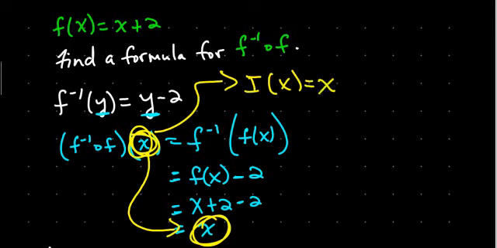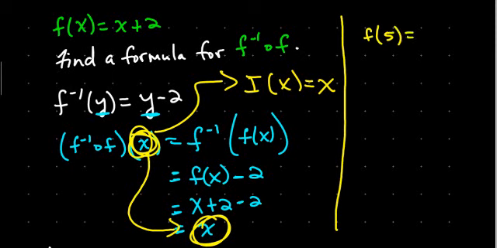Let's look at a different example. Let's say f of 5 equals 7. Plug in a 5, we get 7. And that clearly means f inverse of 7 equals 5. If we plug in a 7, we get 5.